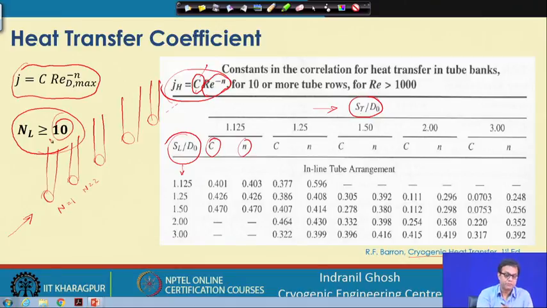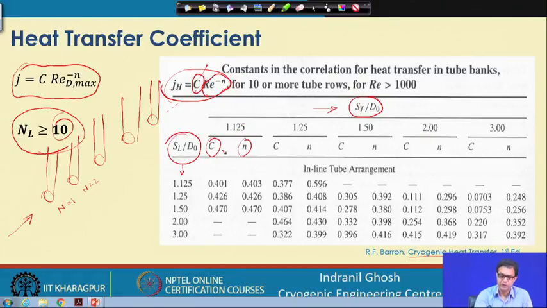So, what happens if the number of tubes are less than 10? Then obviously, there would be some kind of correction factor that we have to take into account. We will come to that part later, but as you can understand, these are some discrete numbers.